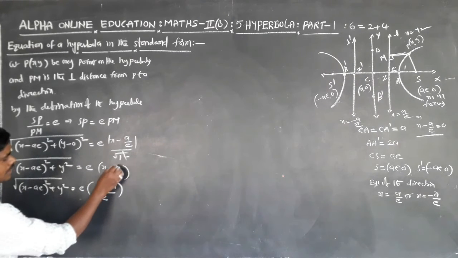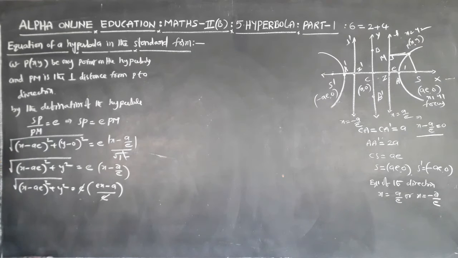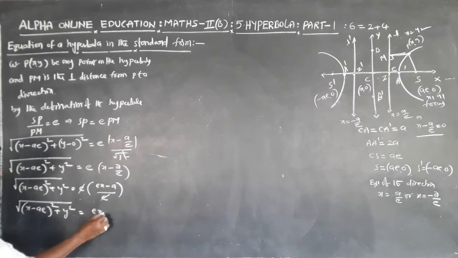On both sides e cancels, so the square root of (x minus ae) whole square plus y square equals ex minus a.